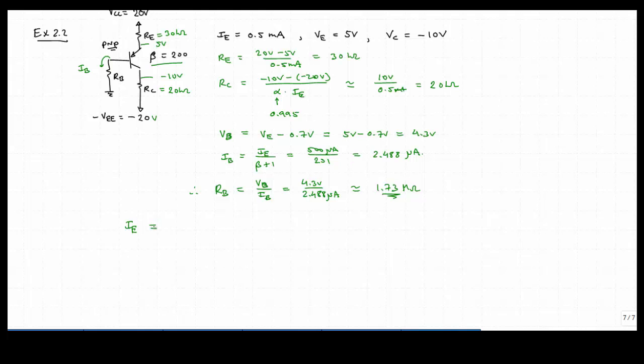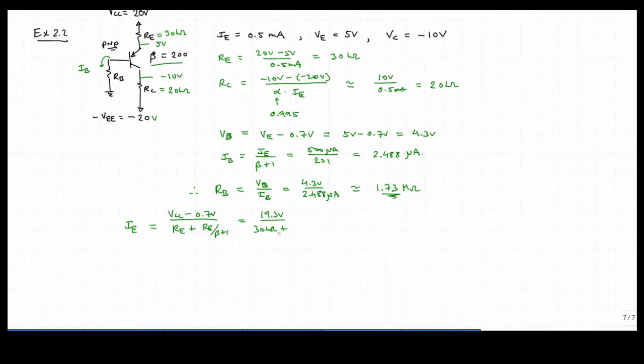Now we can check this answer by solving for IE as a function of the total loop voltage and our total resistance in the loop, and that is our VCC minus our VEB voltage drop divided by RE plus RB reflected to the emitter. So that will be 19.3 volts over 30K plus RB, the 1.7 meg.